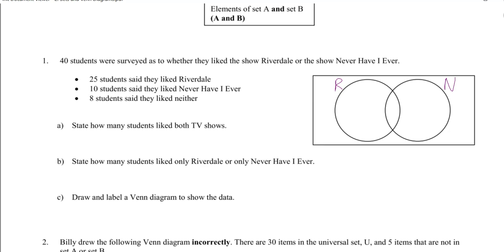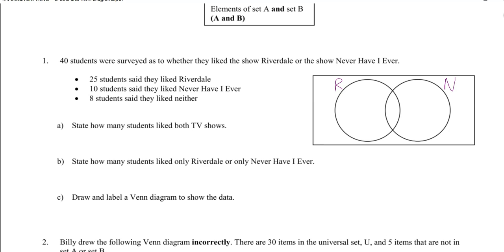So can I put any one of those numbers down right now? 25 in R, but how does it split out? How many were only Riverdale and how many like both? There are 2 regions inside R. We don't know what the breakdown is.